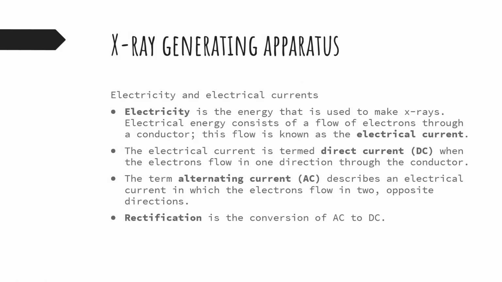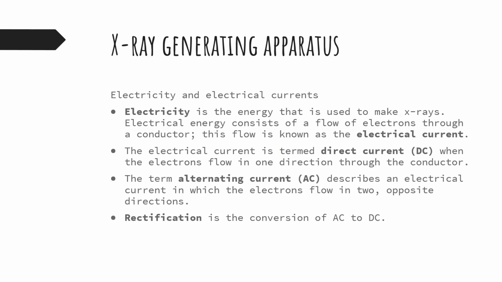So, X-ray generating apparatus. So electricity and electrical currents, how do they play a part? So obviously we know that electricity is the energy that is used to make the X-rays, and electrical energy consists of a flow of electrons through a conductor, and this flow is known as the electrical current, right? So the current is termed DC, direct current, when the electron flows in one direction through the conductor.